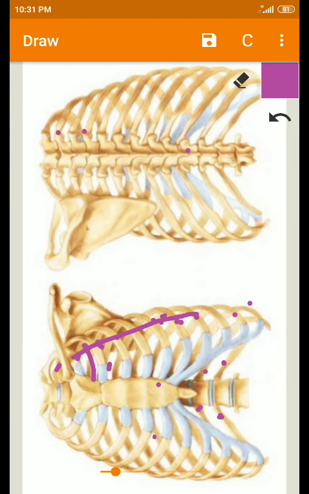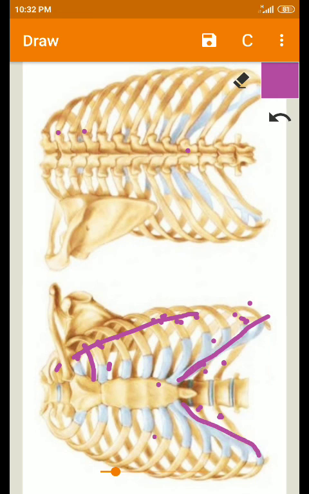The next 3 ribs, the 8th, 9th and 10th, join the next higher costal cartilages on the anterior aspect, and posteriorly they are attached to their corresponding thoracic vertebrae. The 7th, 8th, 9th and 10th ribs form the costal margin, and the 8th, 9th and 10th ribs are called vertebrochondral ribs.